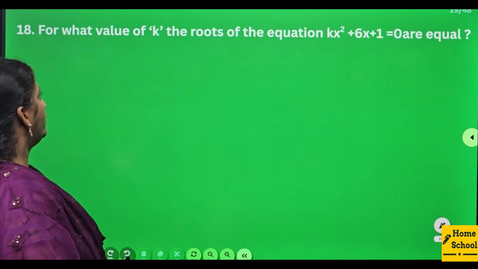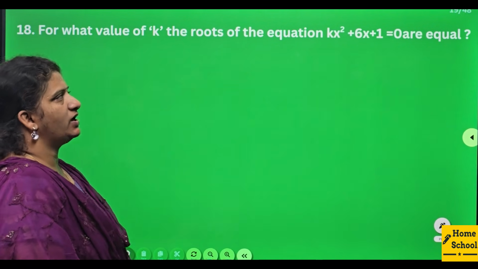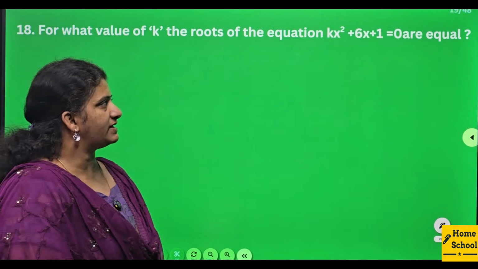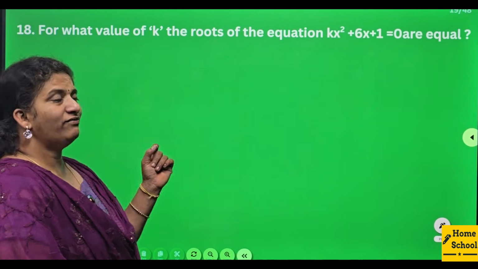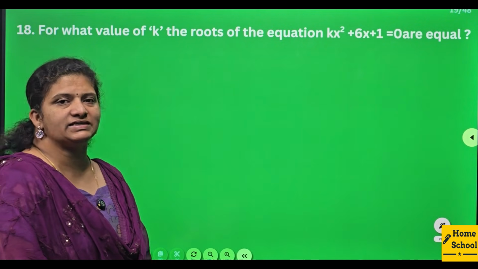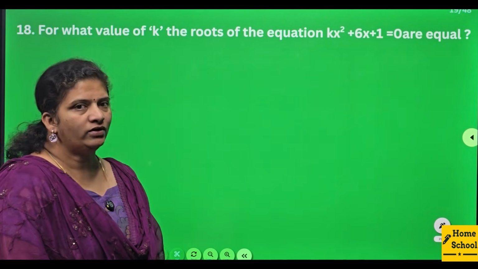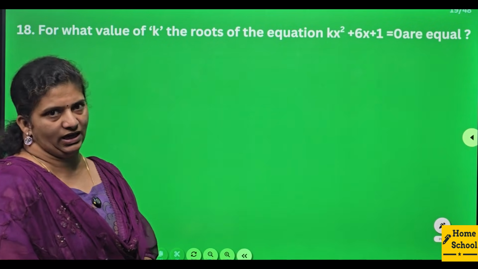18th one. For what value of k, the roots of the equation kx square plus 6x plus 1 equal to 0 are equal. When will the roots be equal? When discriminant is equal to 0, we need to find the value of k.